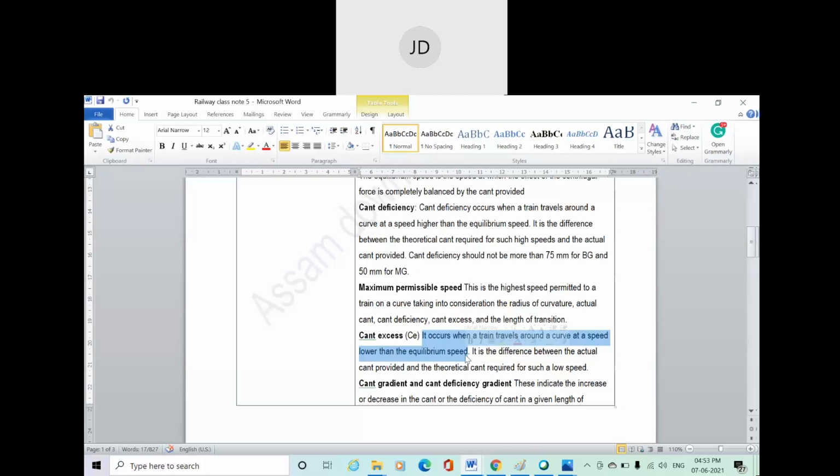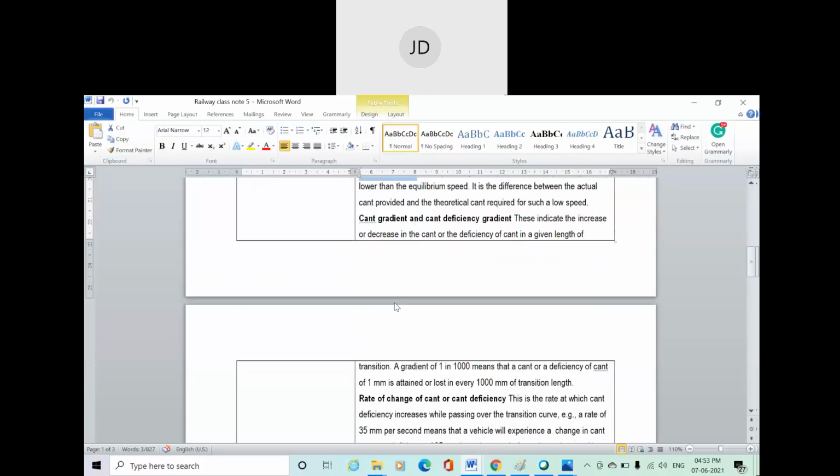It is not required, but still it is given. So we can say there is a situation of cant excess. It is the difference between the actual cant provided and the theoretical cant required for its low speed. It is just the opposite of cant deficiency.